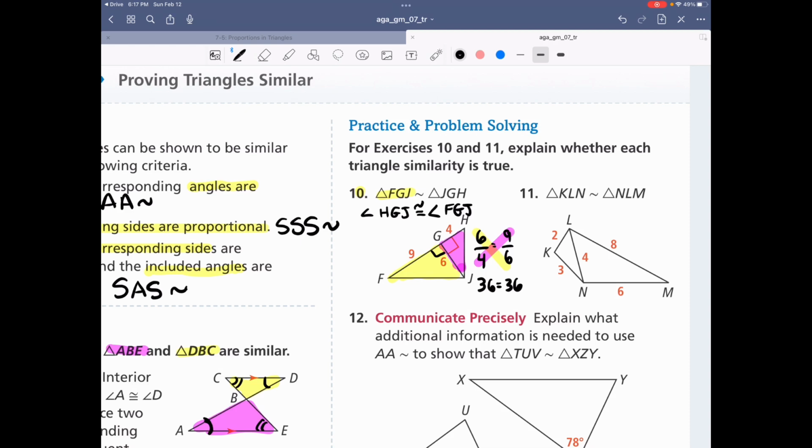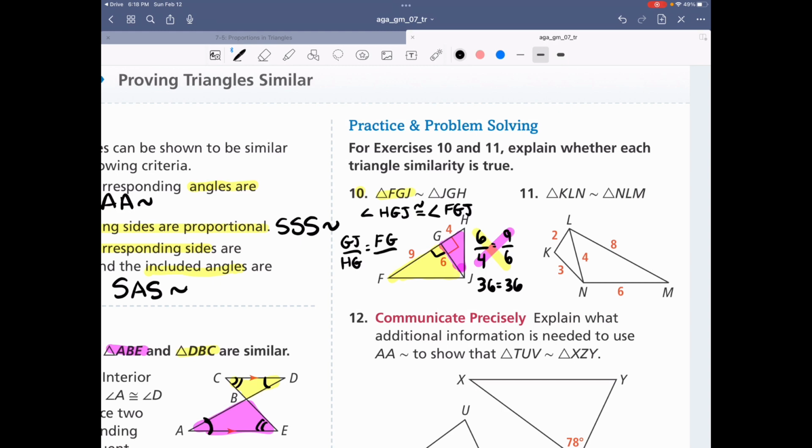So we can say that they are proportional. Now we need to be a little careful how we do that. So where did I get this? The 6 from? That was GJ. And the 4 came from HG. And then the 9 came from FG.